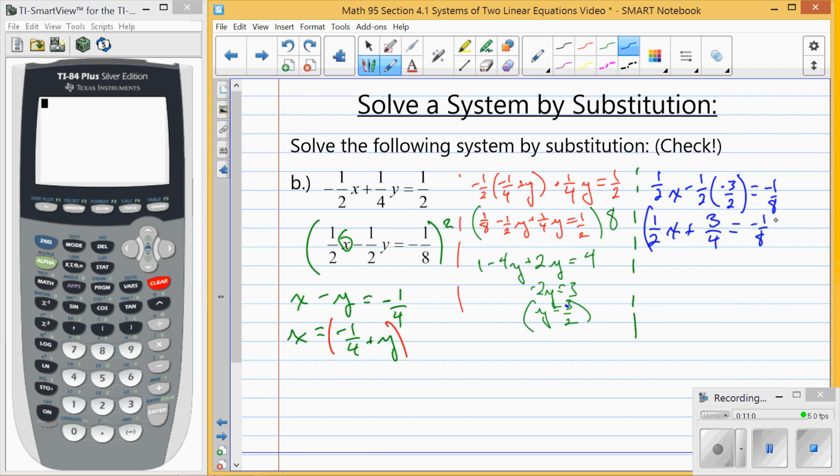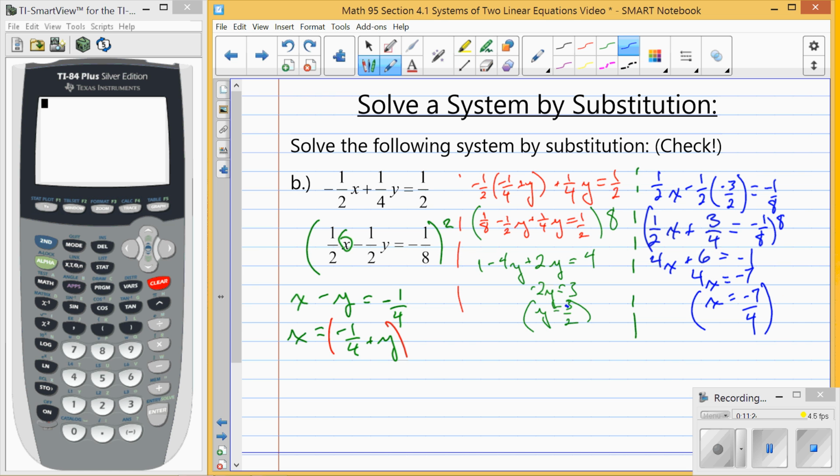And at this point, we can clear our fractions. So I get a 4x plus 6 equals -1. Subtract the 6 over, 4x equals -7. So x equals -7/4.